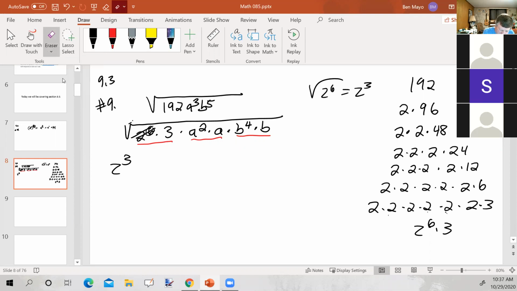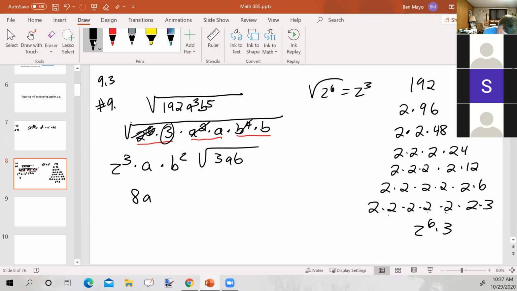Okay. This is going to be stuck inside. What's the square root of a squared? A. What's the square root of b to the 4th power? B squared. And left inside is 3ab. So my final answer is 8ab squared times the square root of 3ab.